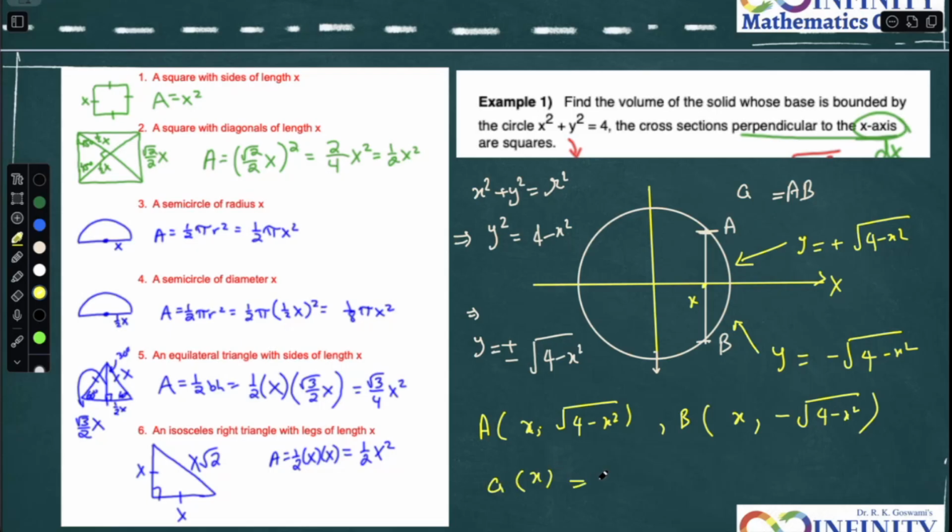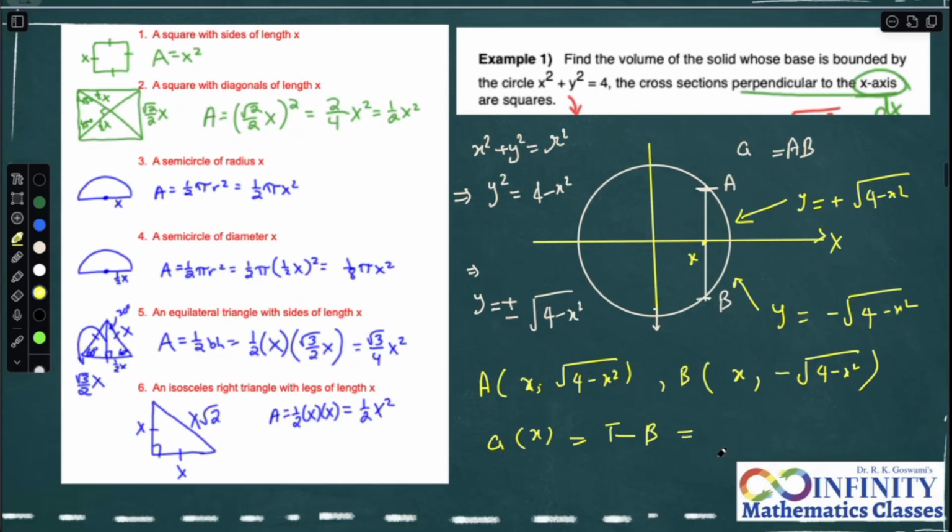Because it is vertical, it is going to be top minus bottom. The value of y at the top is the square root of 4 minus x squared, and the value at the bottom is the negative of that. You can simplify them. Is it going to be twice the square root of 4 minus x squared? Do you agree? Right.